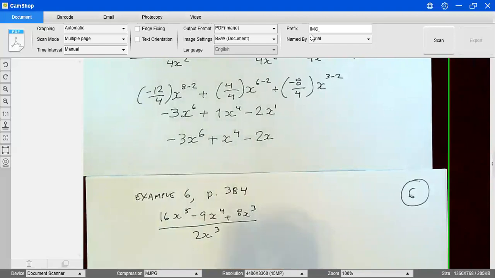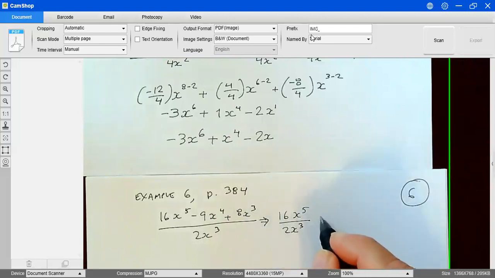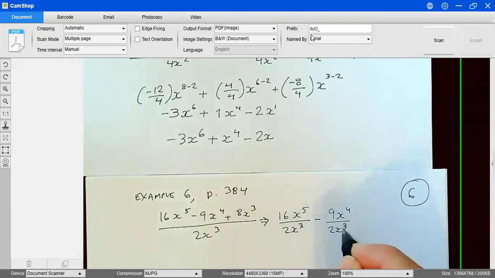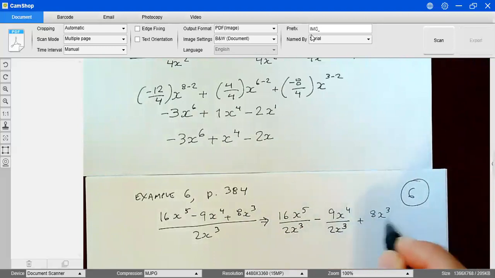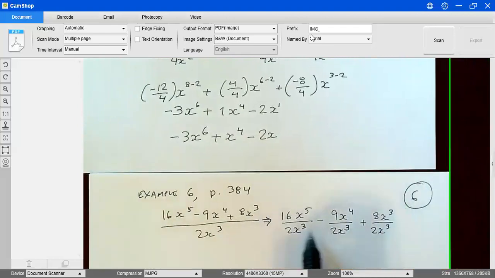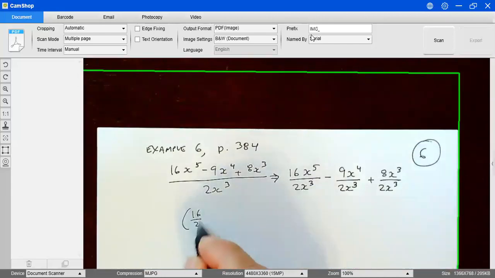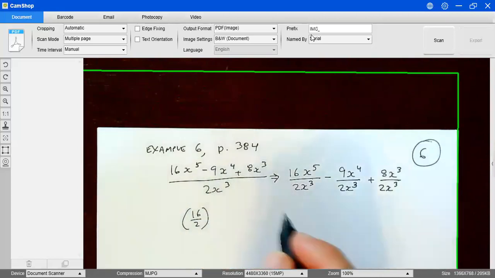So we're going to break the fraction. If we break the fraction, we're going to get 16x to the 5th over 2x cubed minus 9x to the 4 over 2x cubed plus ax cubed over 2x cubed. Now we're going to treat each of these independently. You're going to start with the first fraction, 16 over 2. These are the coefficients.